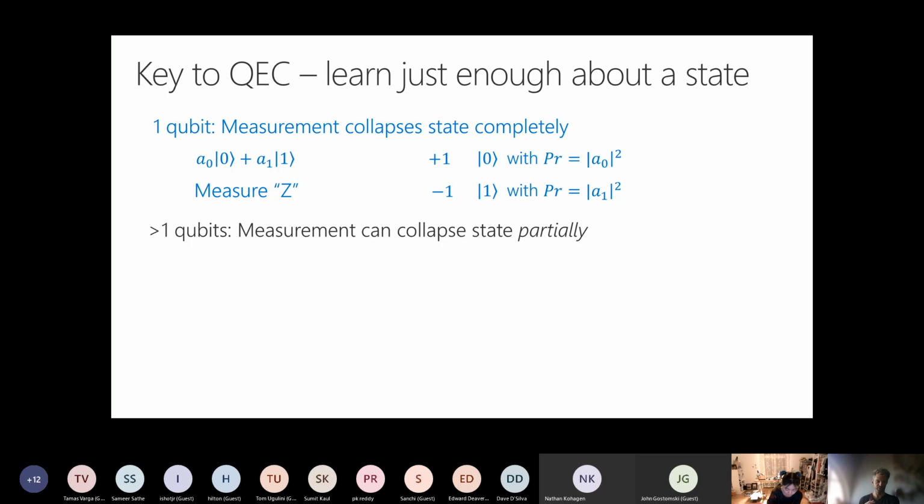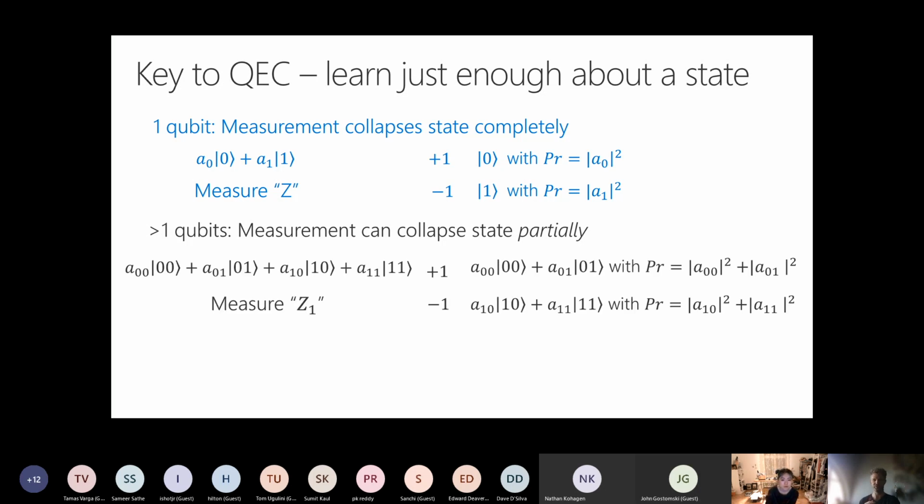Okay, so what about when you have more than one qubit? Well, if you measure, then it's possible to only partially collapse the state. So for example, suppose you have this arbitrary 2-qubit state here. So now there are 4 complex coefficients, A00, A01, etc. And let's suppose that we just measure the first of these 2 qubits.